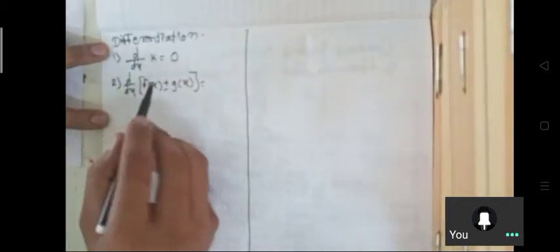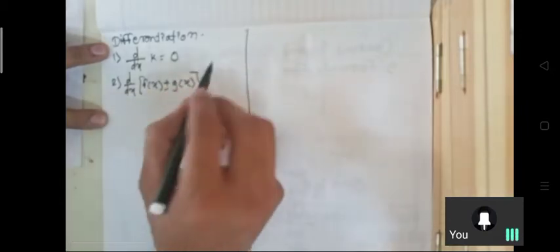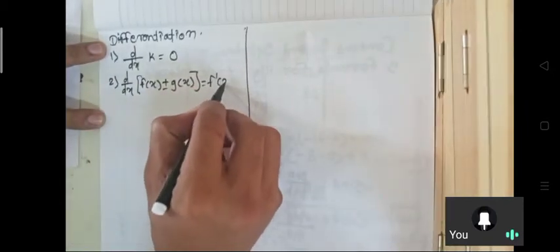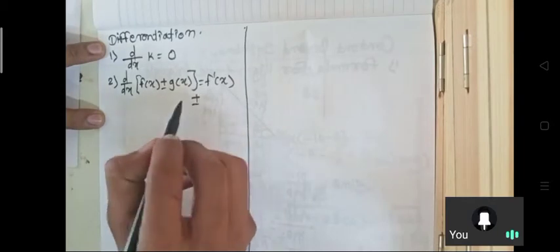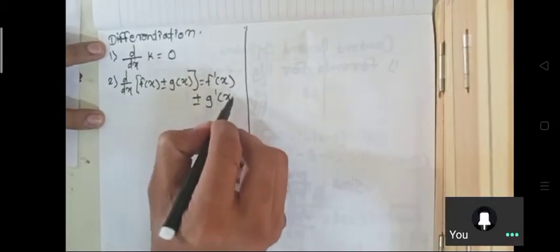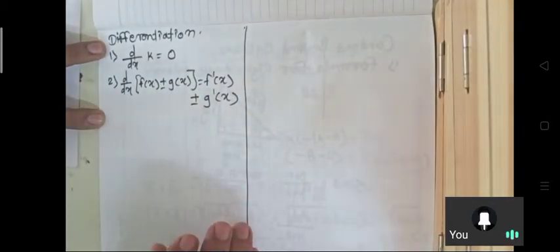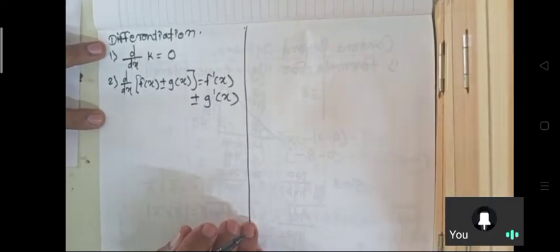So the differentiation of f of x is, let's say, f dash of x, plus minus g dash of x. So this is what we are doing, just separating the differentiation inside the bracket.